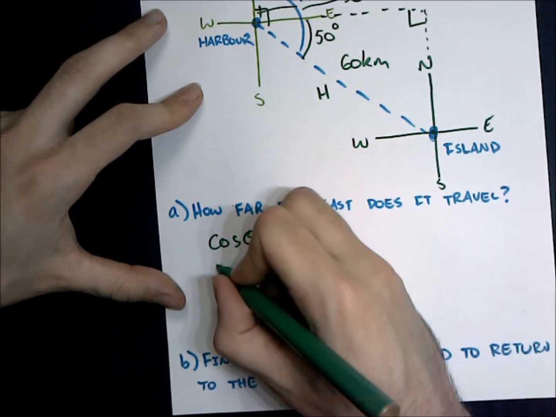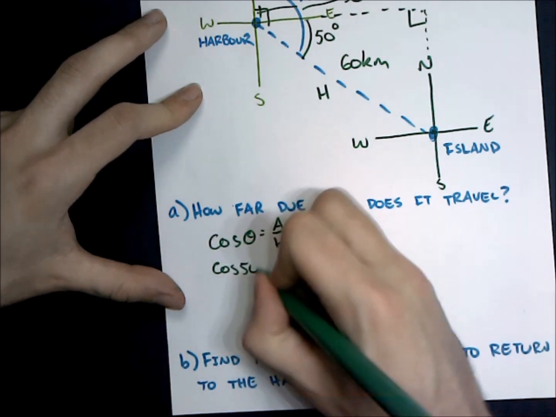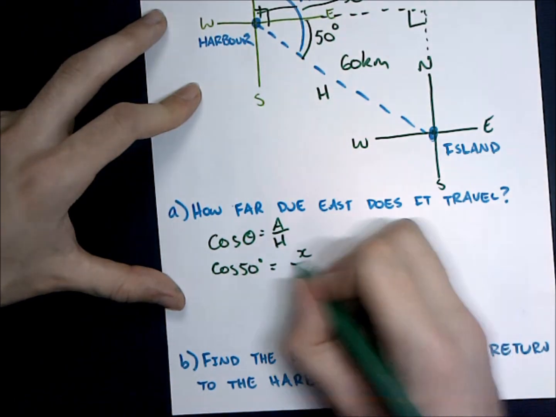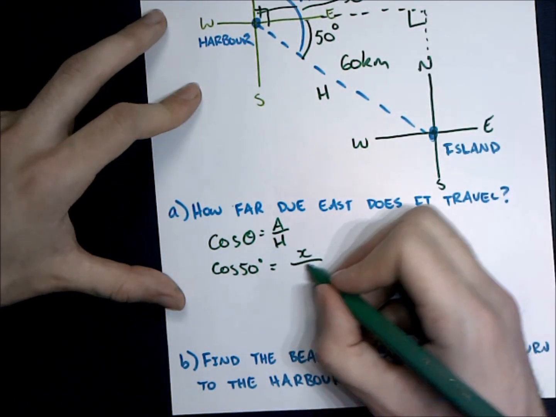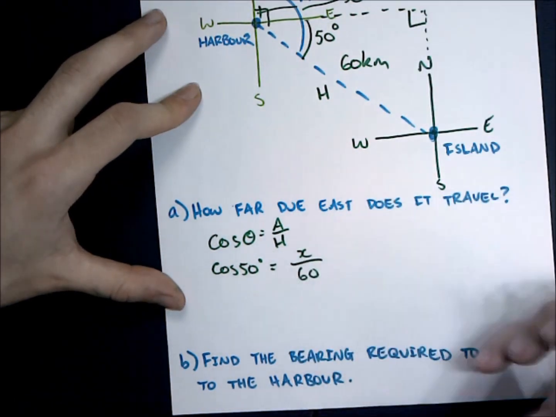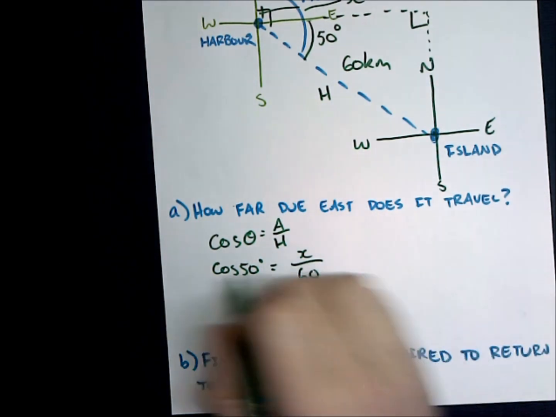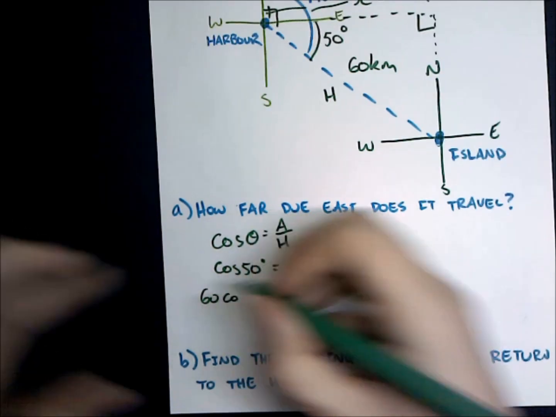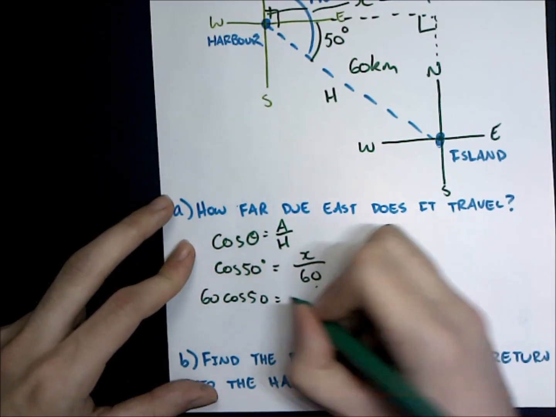And I'm going to sub everything in. My angle is 50 degrees, so it's cos 50 degrees equals adjacent, which I've called x, divided by my hypotenuse, which is 60. Then all I need to do is multiply this side by 60. So it's 60 cos 50 equals x.